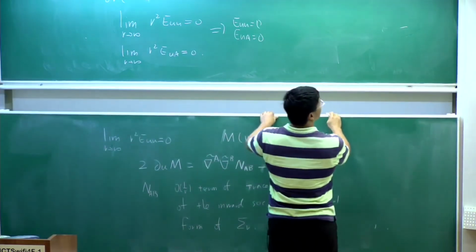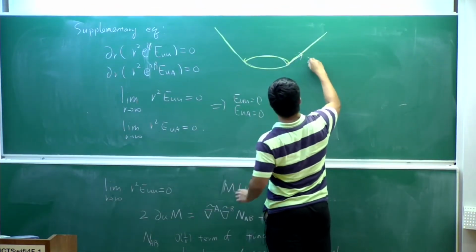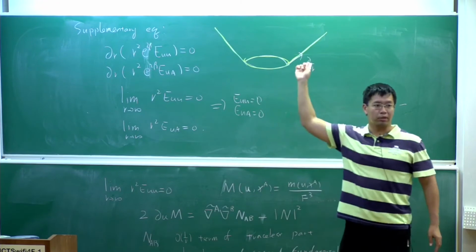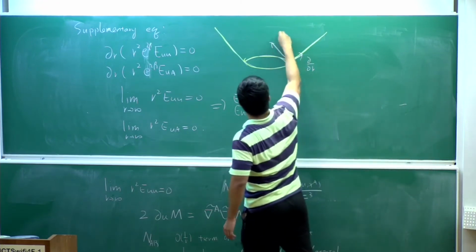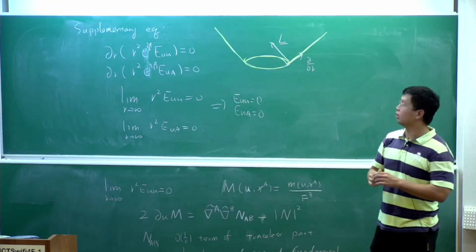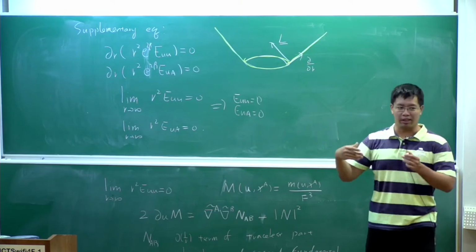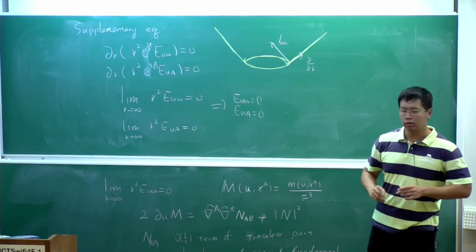So I have a level set like this. There's dr, which is a null vector pointing outward. There's an L bar, which is perpendicular to both dr and the surface, and it's a null vector. There's a unique such null vector up to some rescaling.